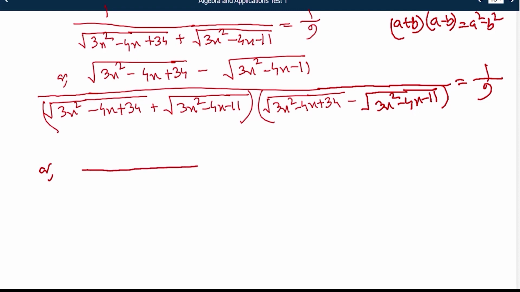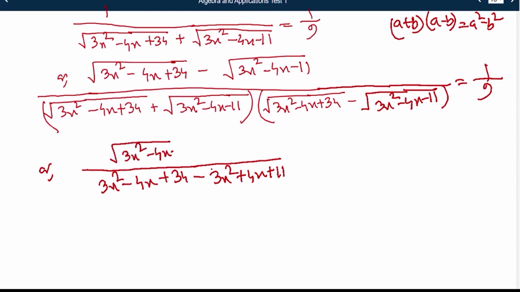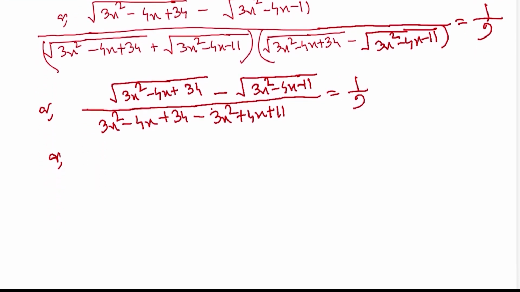So let's do it directly, and we would get 3x square minus 4x plus 34 minus of 3x square minus 4x minus 11 equals 1 by 9, correct? Now let's do the further calculation. Both got cancelled, only 45, right?